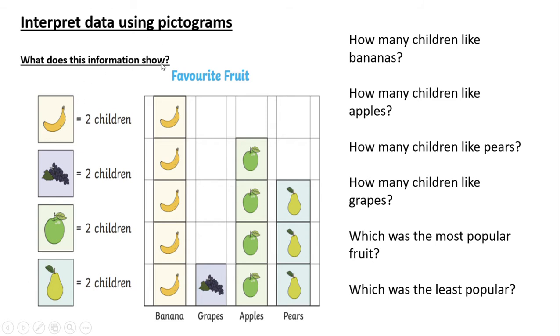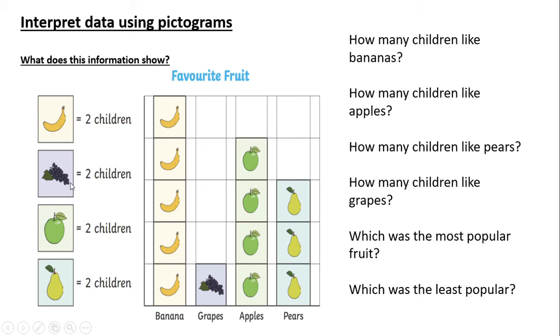So what does this data, which is information, what does it actually show? Let's take a look. How many children chose bananas? Is it 5 children? Well, 1 banana is equal to 2 children, so it's 2, 4, 6, 8, 10.